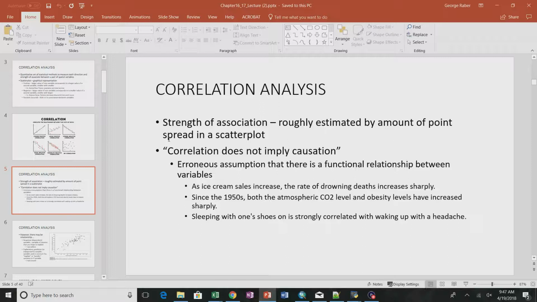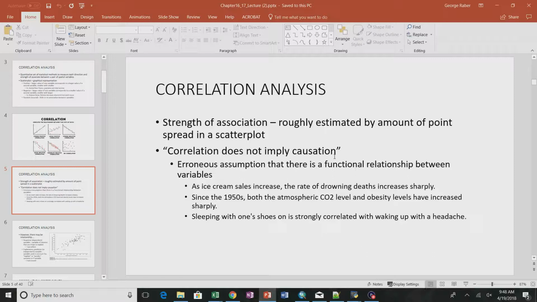Okay. So one of the things to keep in mind is that correlation does not imply causation. Sometimes people state that slightly differently. Correlation doesn't mean causation. But there's all sorts of erroneous assumptions that can be established with correlation analysis.